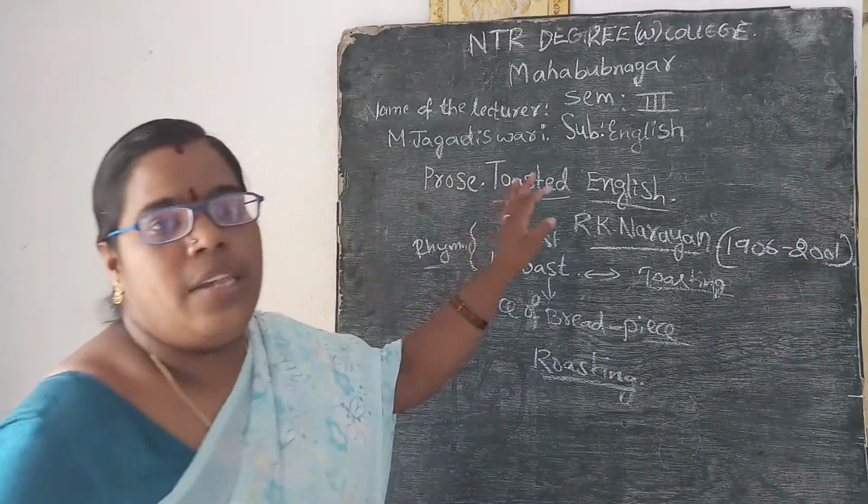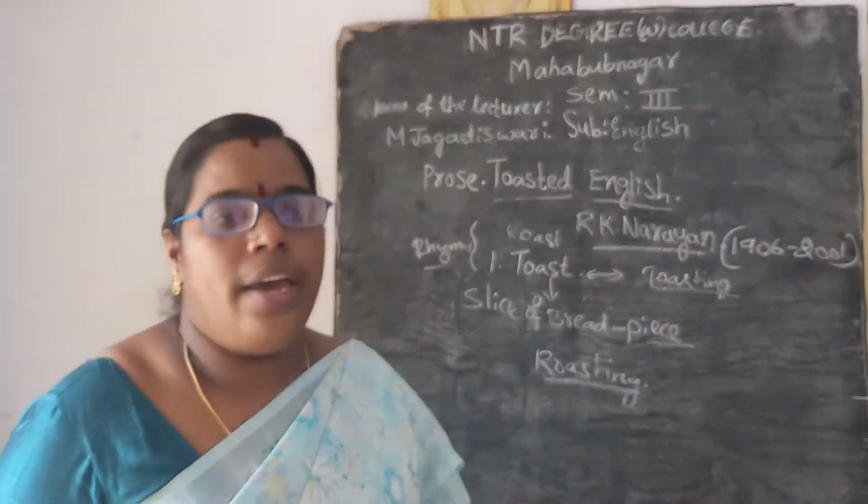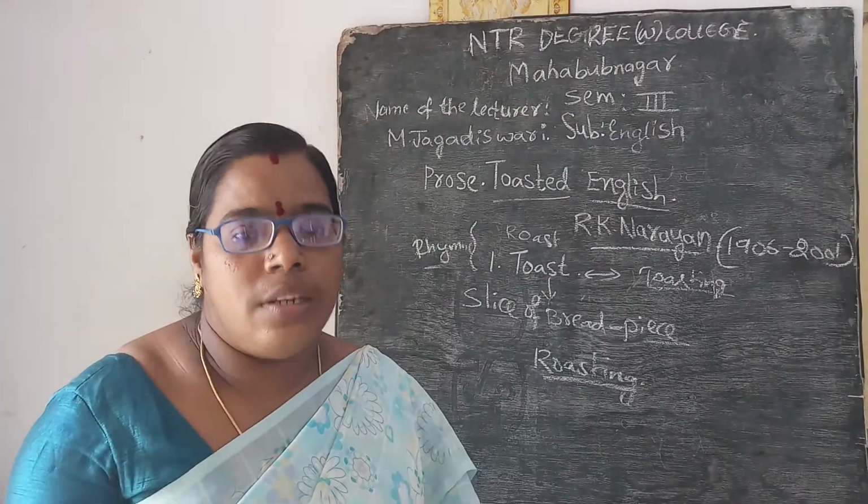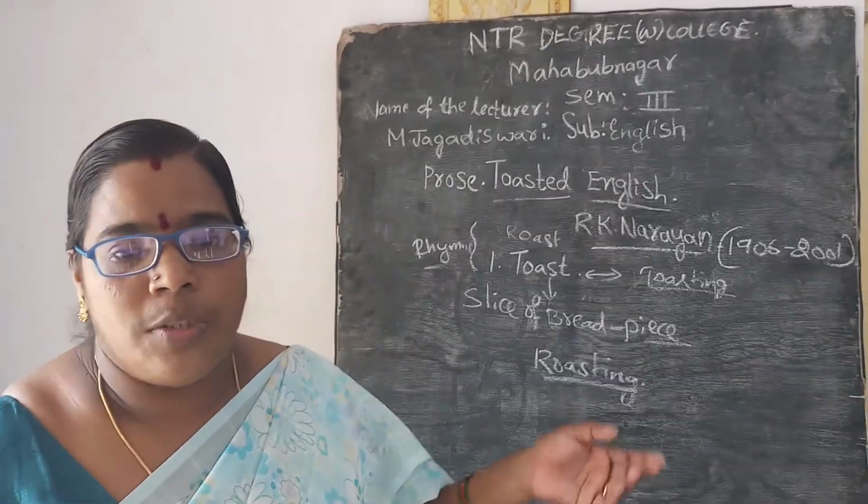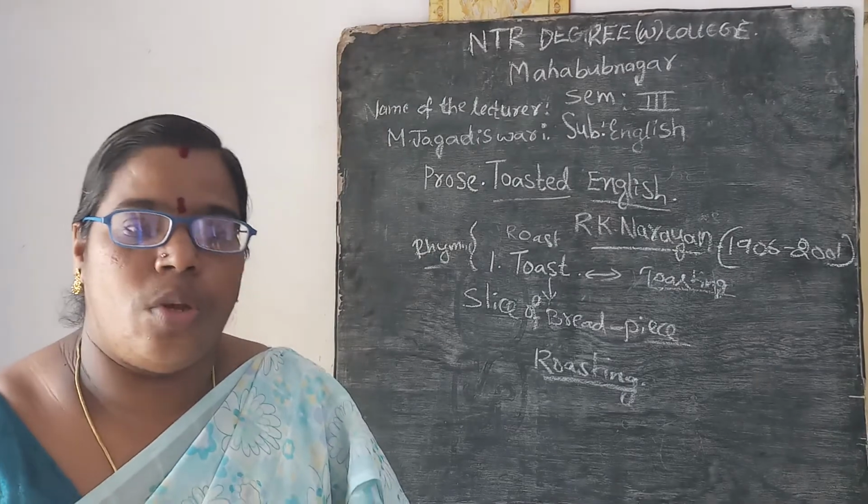So this Rasipuram Krishnaswamy Iyer Narayanaswamy, better known as R.K. Narayan, lived from 1906 to 2001.